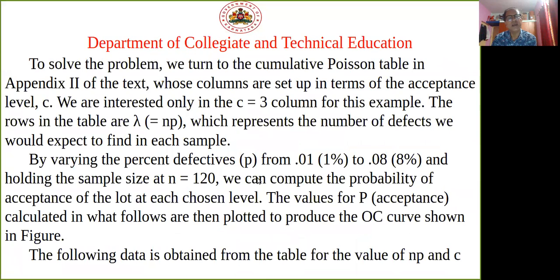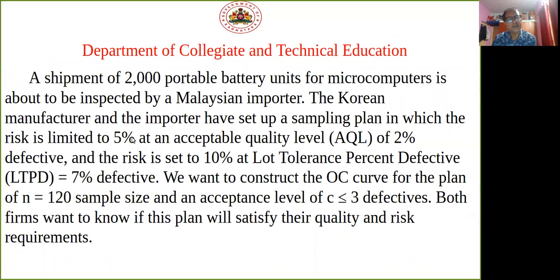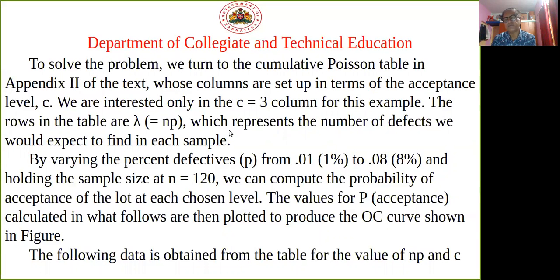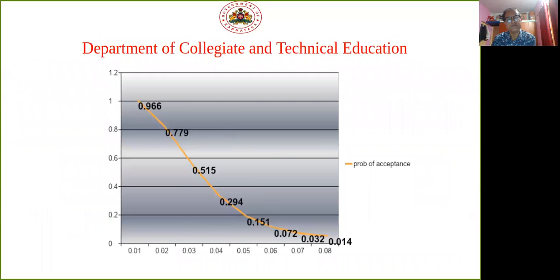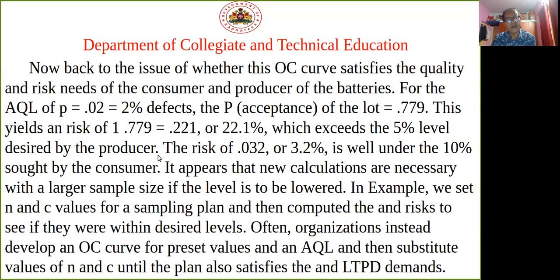You can see in the problem they have fixed AQL equal to 5% and LTPD equal to 7%. The risk of 22% exceeds the 5%, so this plan is not fitting for the producer.